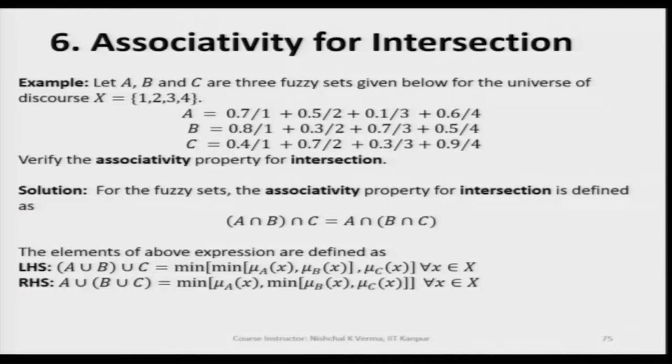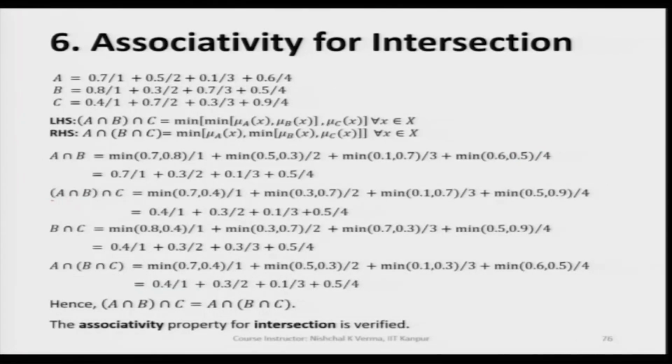Here we have three discrete fuzzy sets A, B and C. I am going directly to the outcome of A intersection B and then taking the intersection with C. We are going to get a discrete fuzzy set, which is 0.4/1 + 0.3/2 + 0.1/3 + 0.5/4.